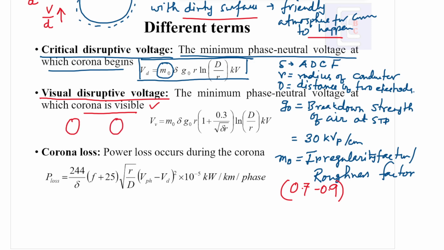Since the inception of the corona from that one electron, you require some time to breach this entire gap with the excited electrons, and you require more voltage. When the corona is visible by eyes, that voltage is called visual disruptive voltage or visual critical voltage. It is changed by a factor of 1 plus 0.3 by root delta into R. Otherwise the remaining parts are the same. This is the enhancement factor.